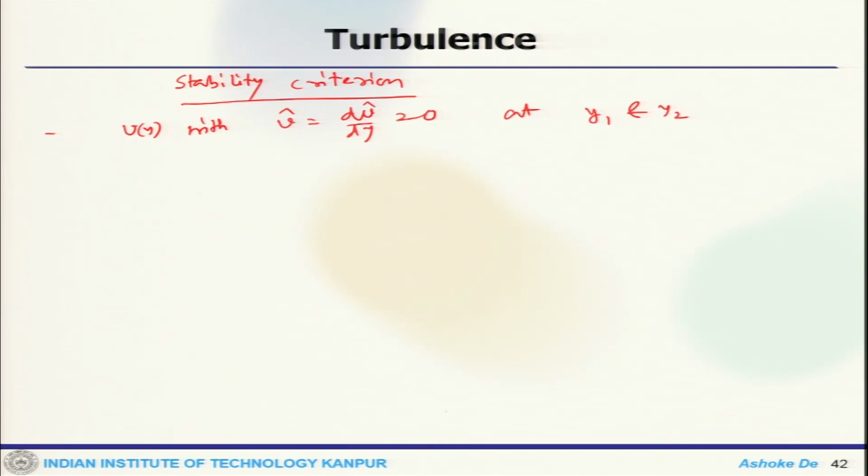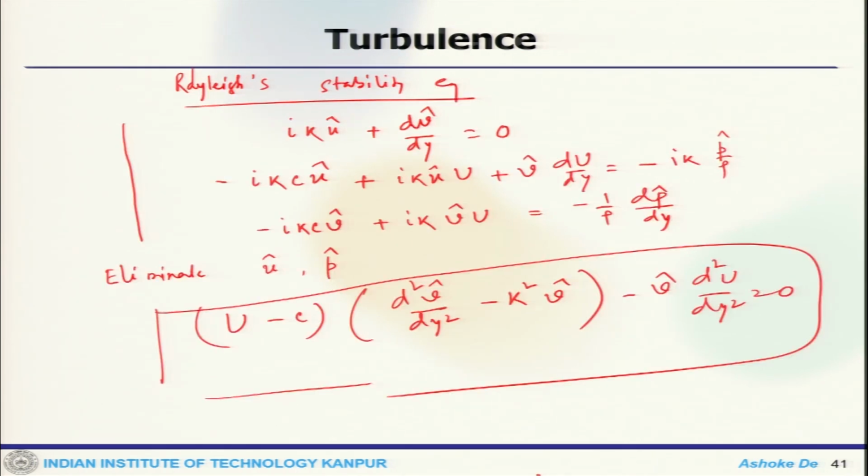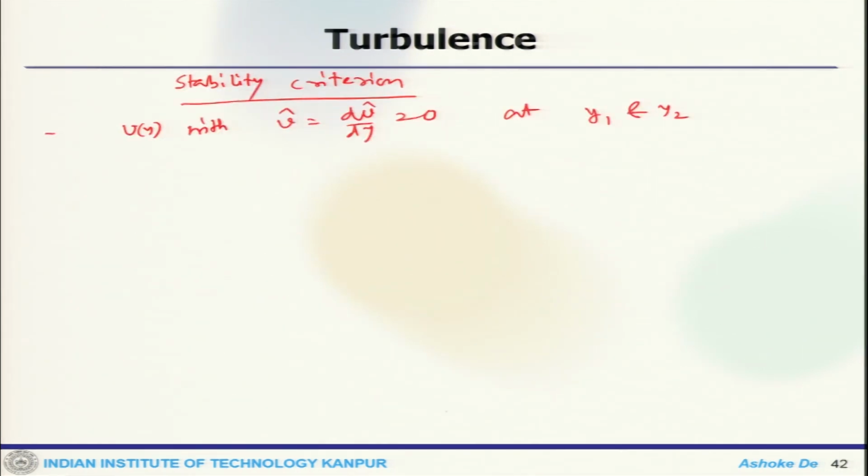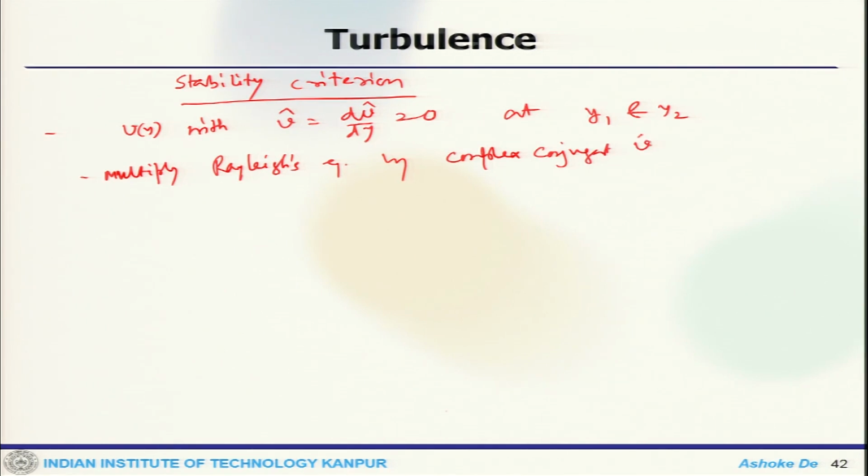Then, multiply Rayleigh's equation, so this is the Rayleigh's equation, by the complex conjugate v hat star and integrate over y.